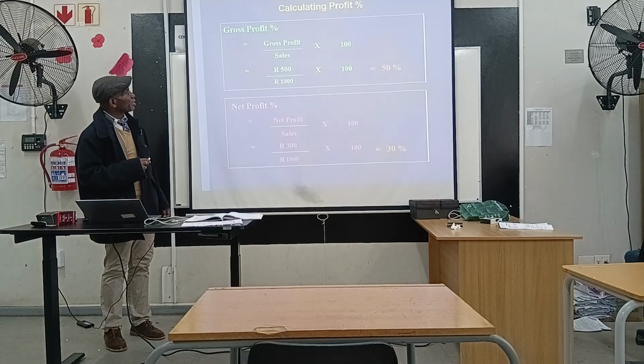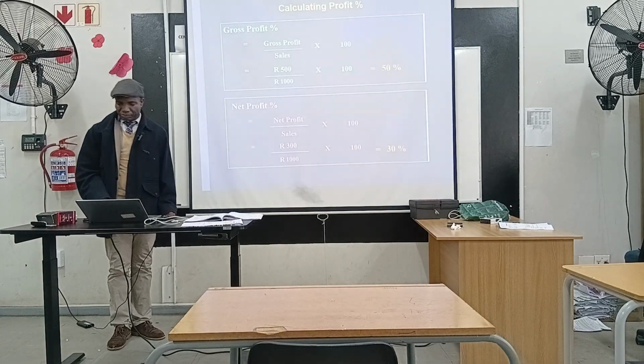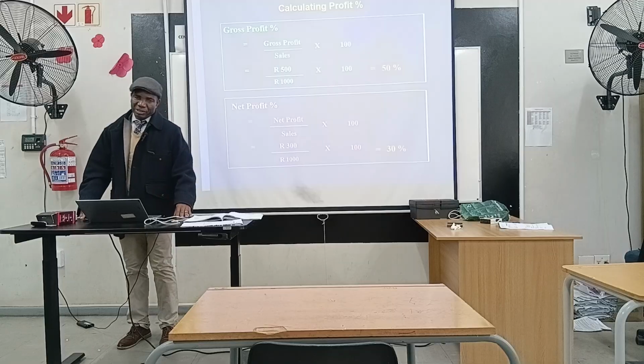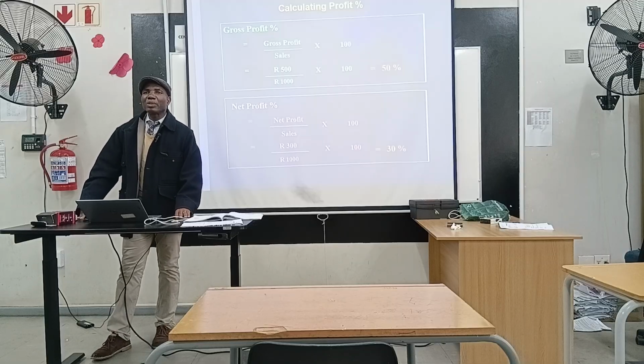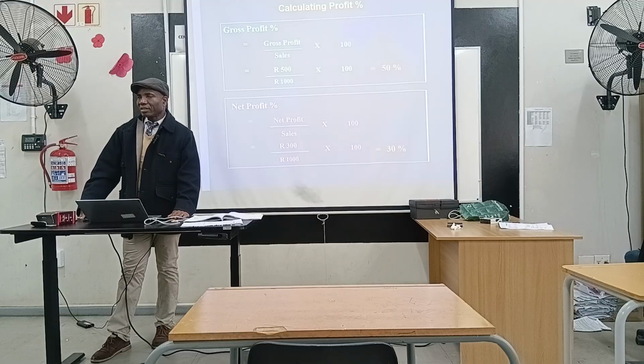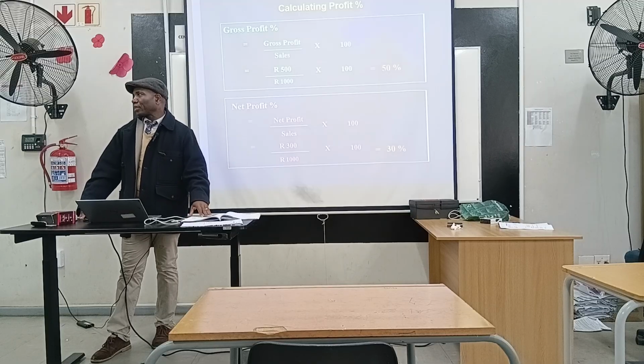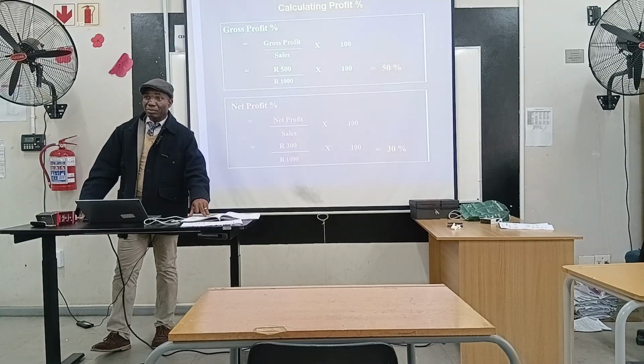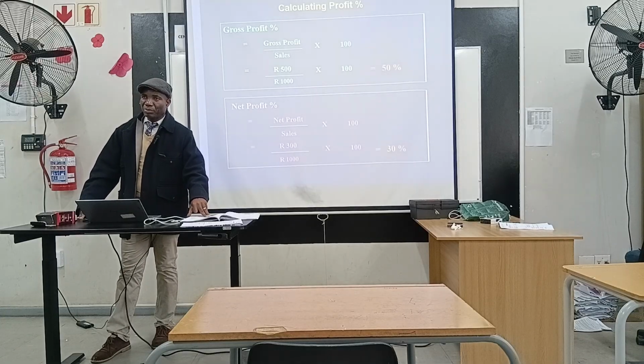Then in calculating the gross profit percentage, first of all, like we said, we need to learn how to calculate the gross profit. It's very simple. You have the sales that you generated. For example, let's say I'm selling bread. How much am I buying the bread for?